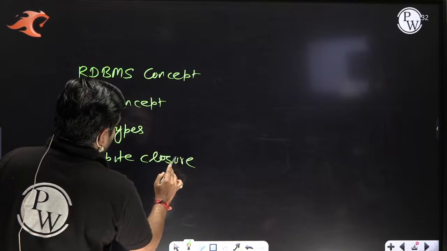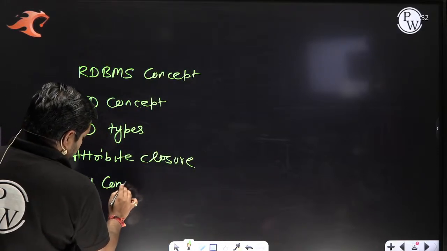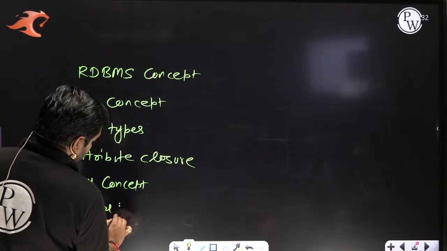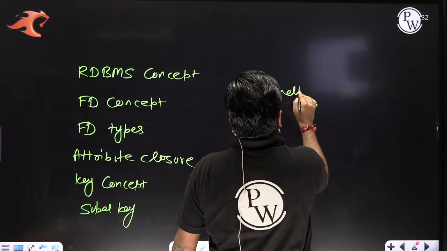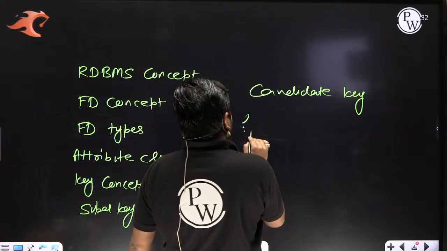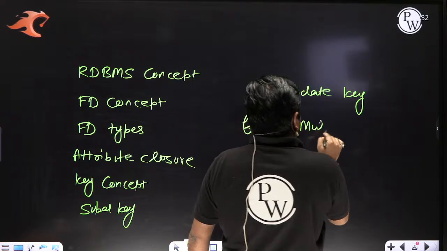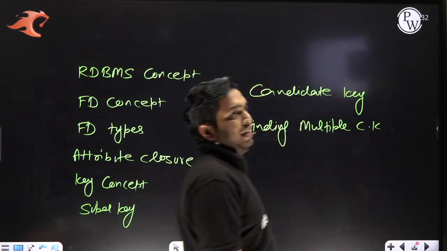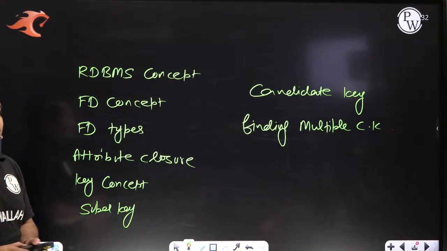After attribute closure, we discussed the keys concept: super key, candidate key, and finding multiple candidate keys. How to find multiple candidate keys?